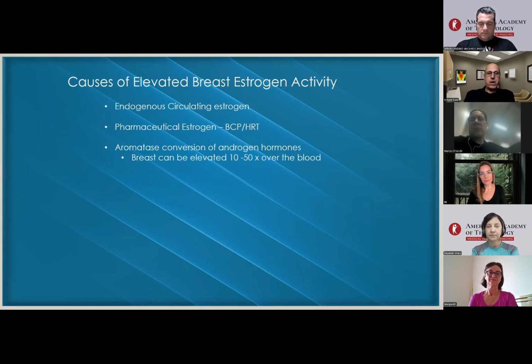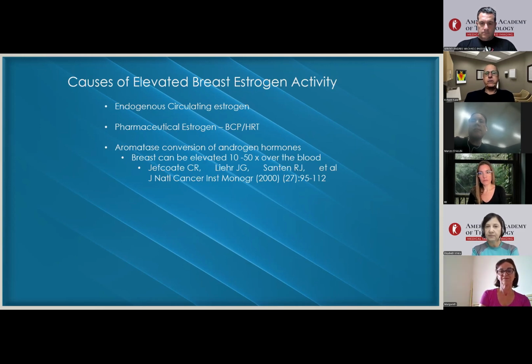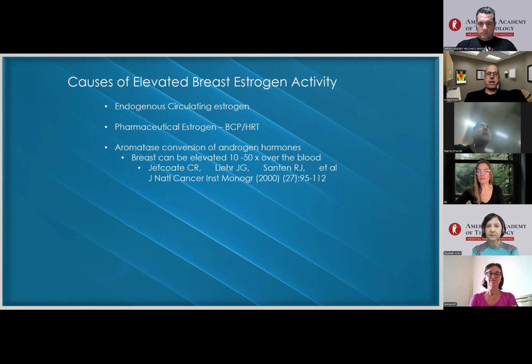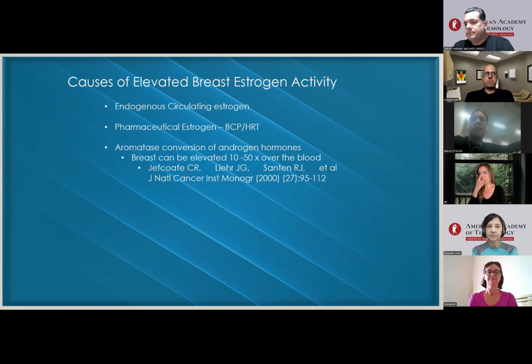Now, an interesting study done in 2000 that was published in the Journal of National Cancer Institute Monographs actually showed that in breast cancer patients, the level of estrogen, and this is the concentration, can be 50 times greater than in the blood. So if we're just measuring blood concentration of estrogen, this postmenopausal woman may show low estrogen.